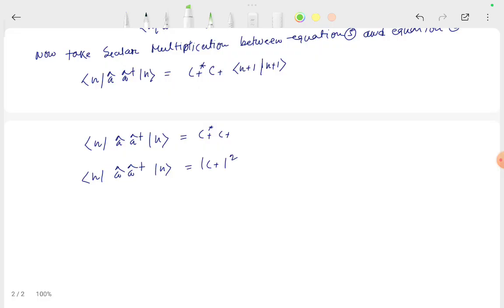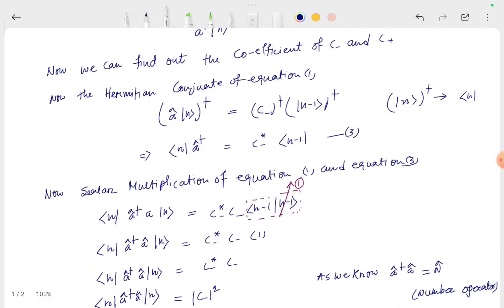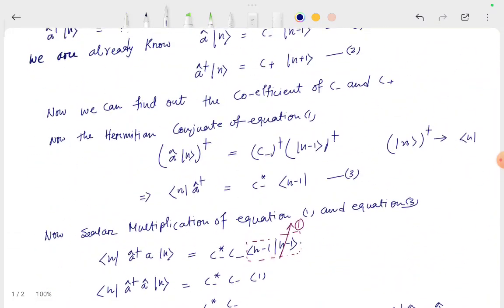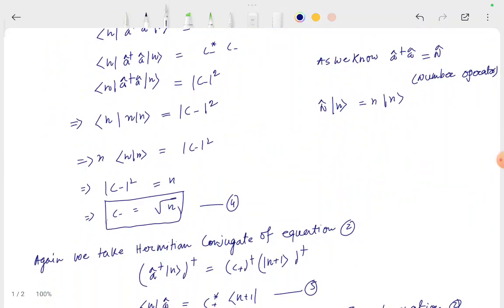So now what is the value of this? This is very important, please remember this value. a into a dagger, when acting on n, we get (n plus 1) into n ket. Just remember. And for the previous case, a dagger a, when acting on n, we get n into n ket.